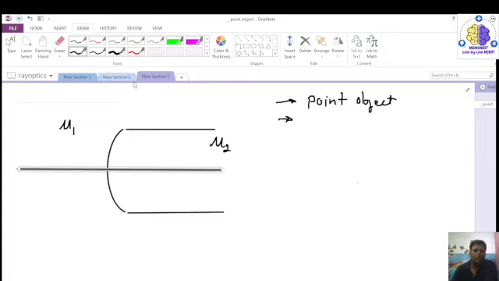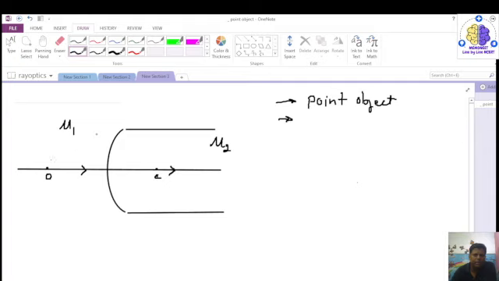Okay, now here is the point object O. So let one ray pass through this line, and because it is normally incident, it will pass undeviated. Somewhere here will be the center of curvature of the curved surface, right?